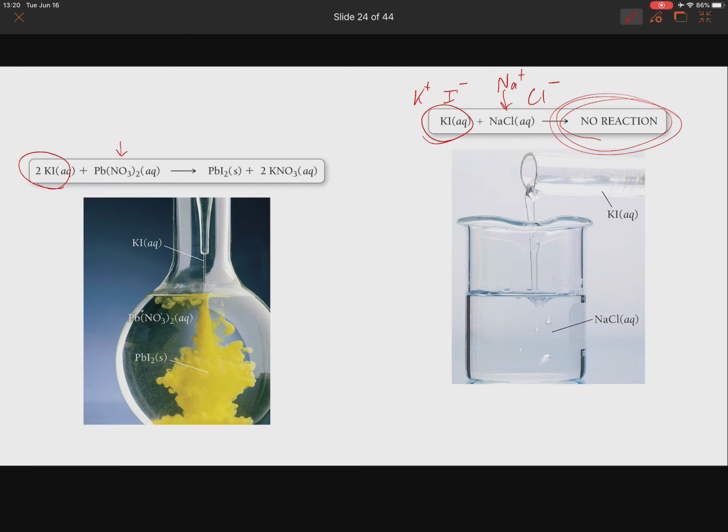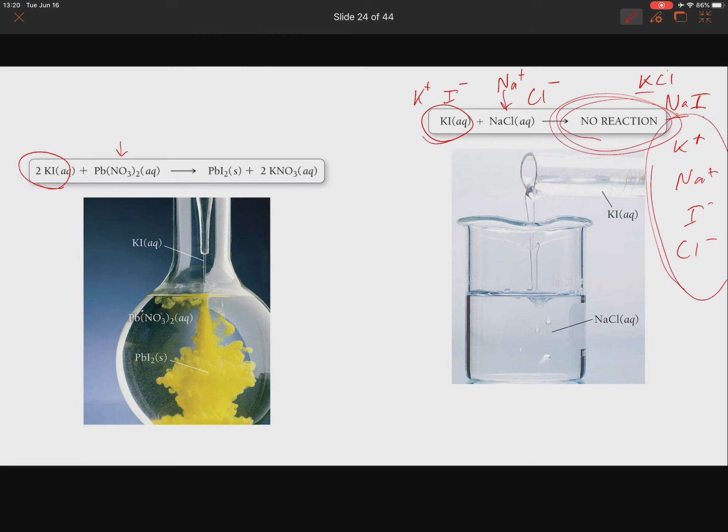If we mix everything together and the things that they form, in this case, KCl and NaI, are always soluble, as we just learned, most compounds containing potassium, chloride, sodium, and iodide are usually soluble, then these are going to be dissolved still. Soluble means they're dissolved. So these are going to be found as K+, Na+, I-, Cl-.